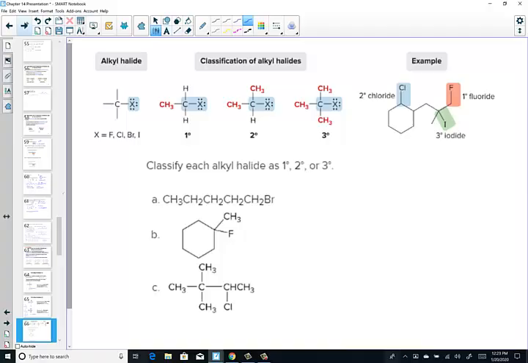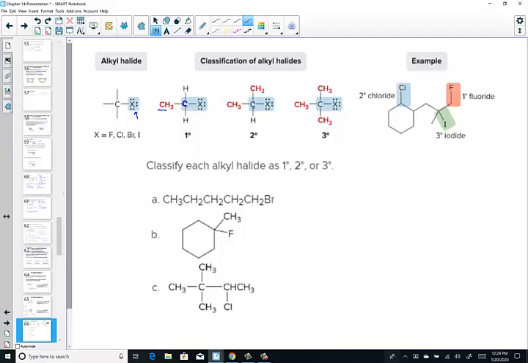And so here's just kind of a visual of all that good work you put into your notes. An alkyl halide represented by a general letter X, where X represents any of the halogens from group 7A, fluorine, chlorine, bromine, and iodine. If the carbon attached to the halogen is attached to 1 other carbon, it's primary.